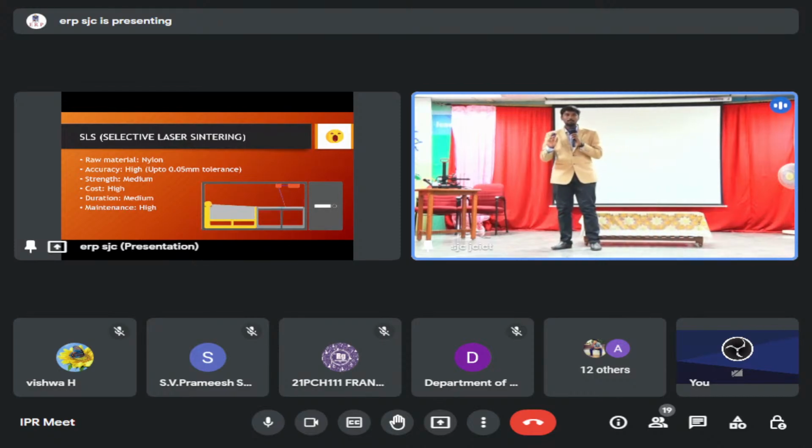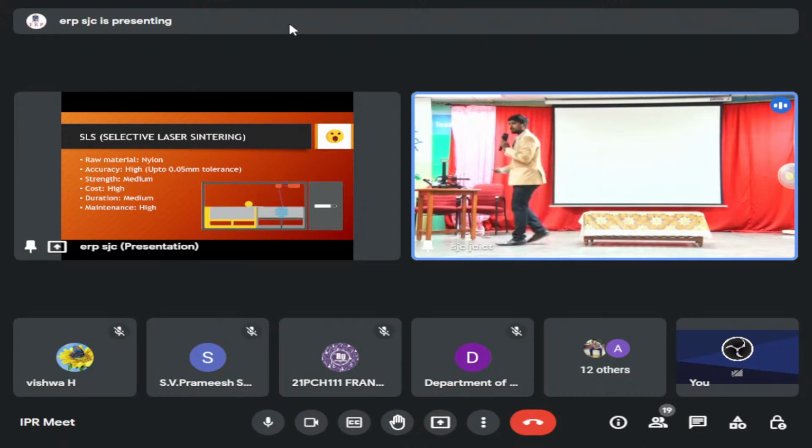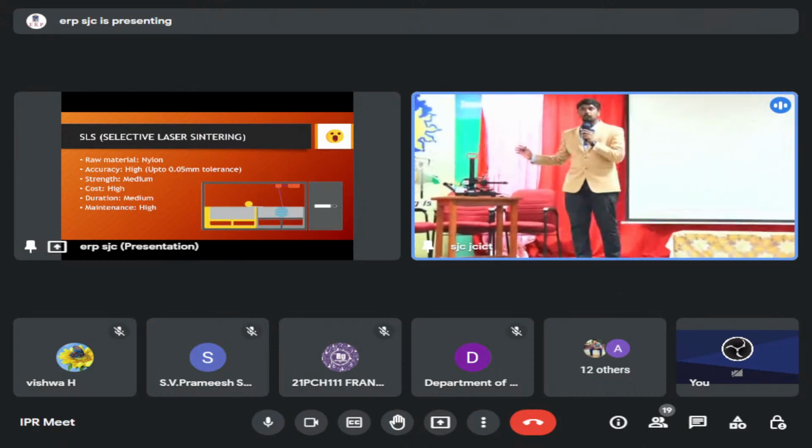Okay, about this machine's hardware: this is the kind of 3D printer which is called FDM 3D printers.